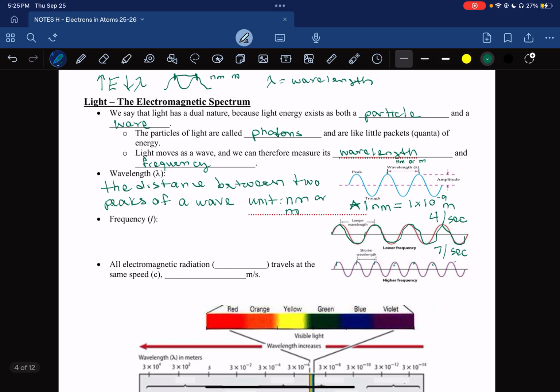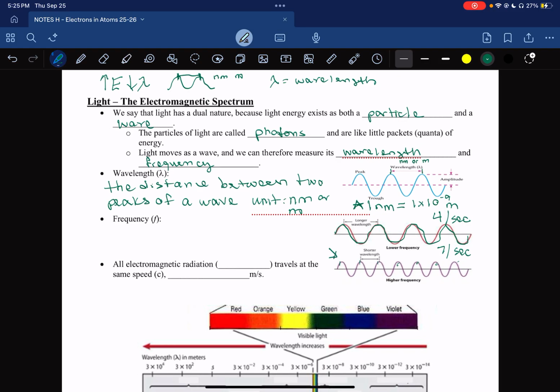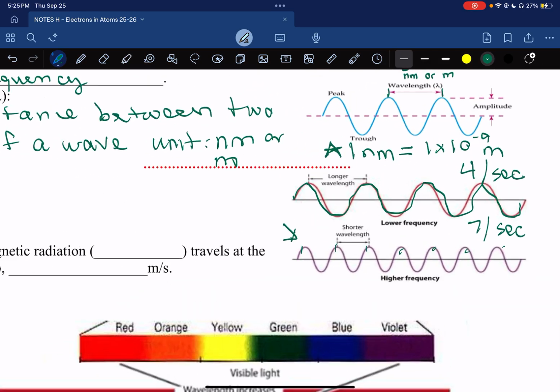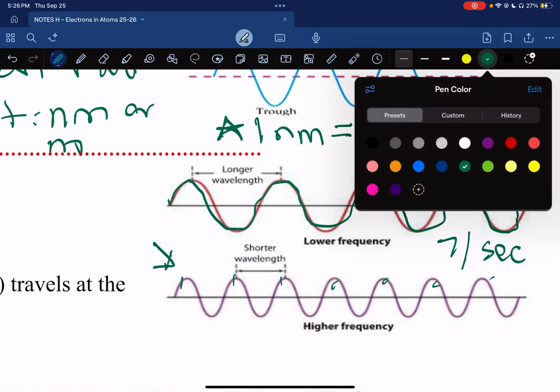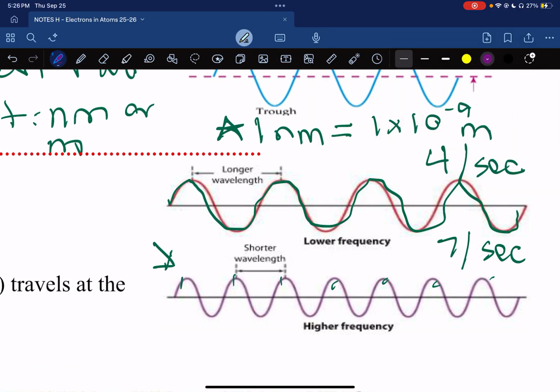The one down here has a higher frequency, because in the same amount of time, the wave is passing through a point more frequently. That's where frequency comes from. Now the question is, which one of these has the highest energy?